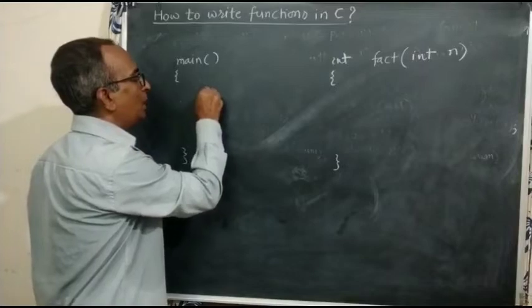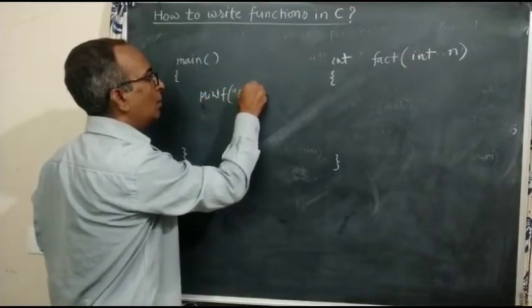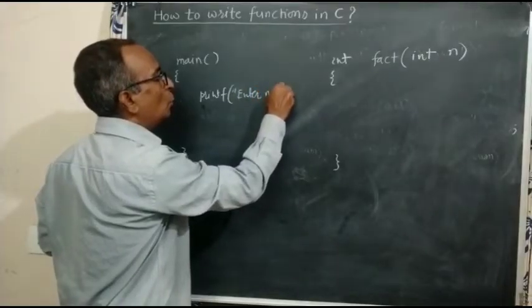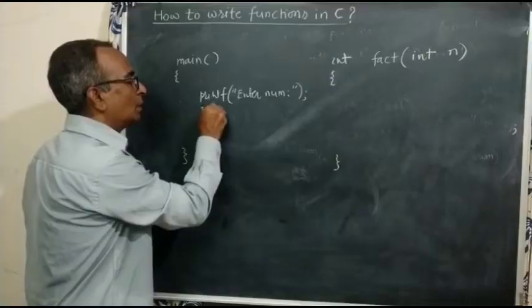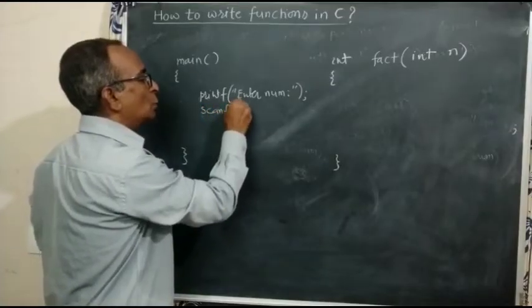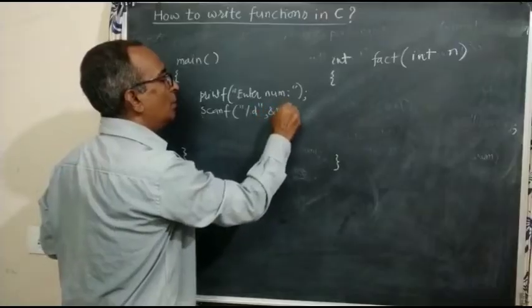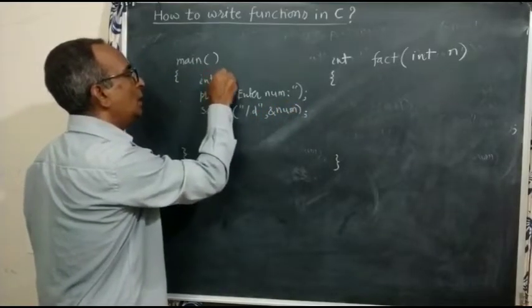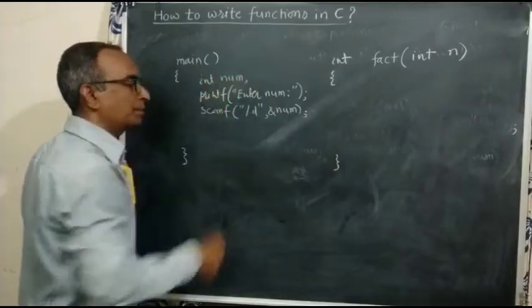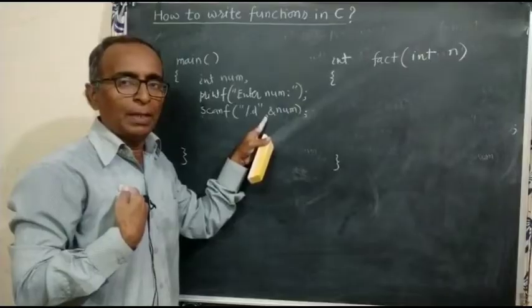So I will say printf enter number for which you want to calculate the factorial. That number I am storing in some num. So num has to be declared here, integer number. So the reading business is mine.